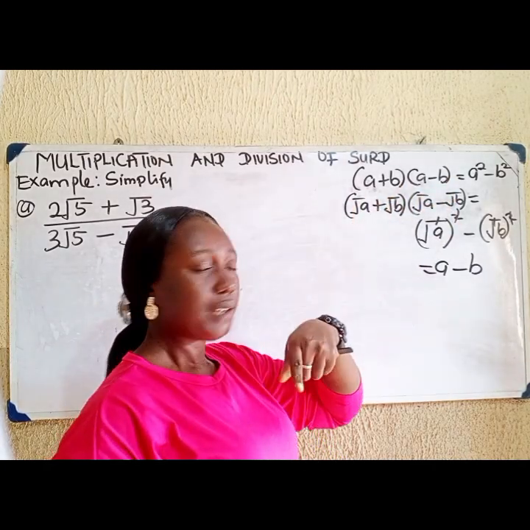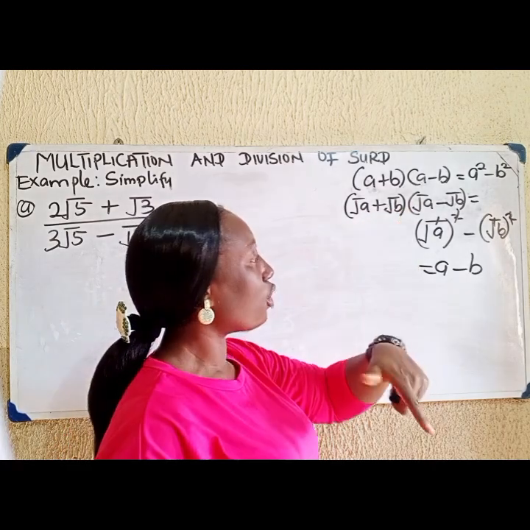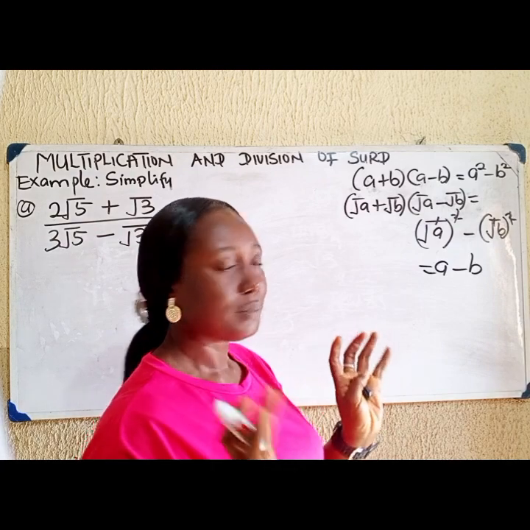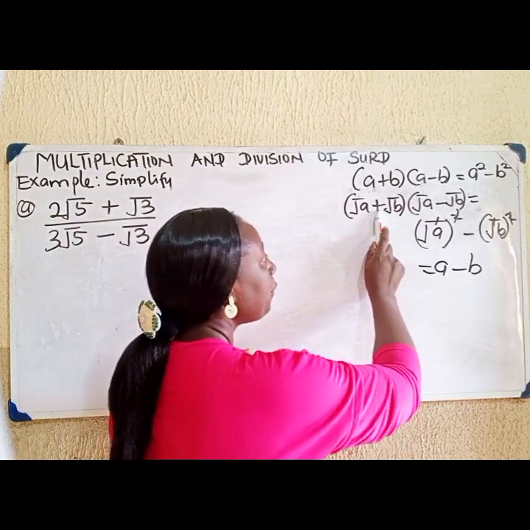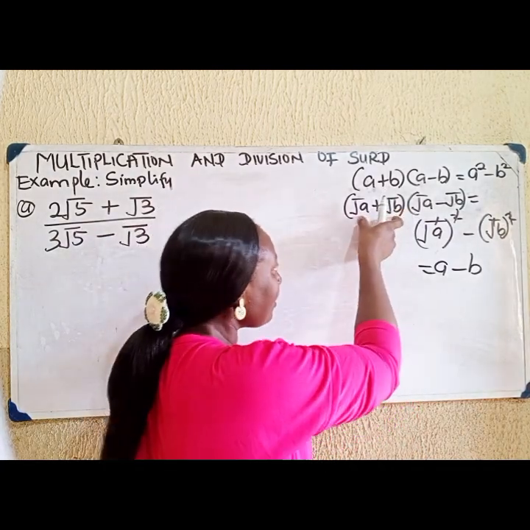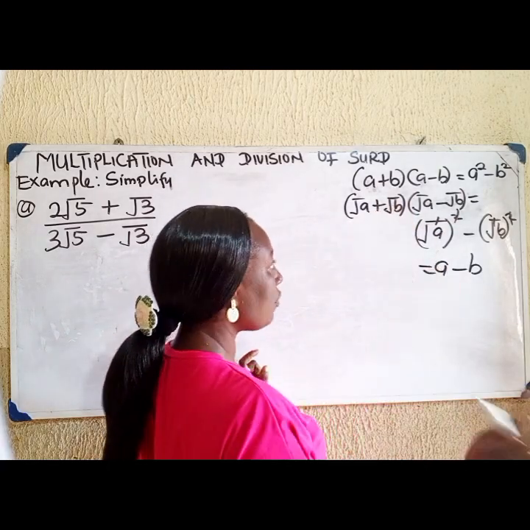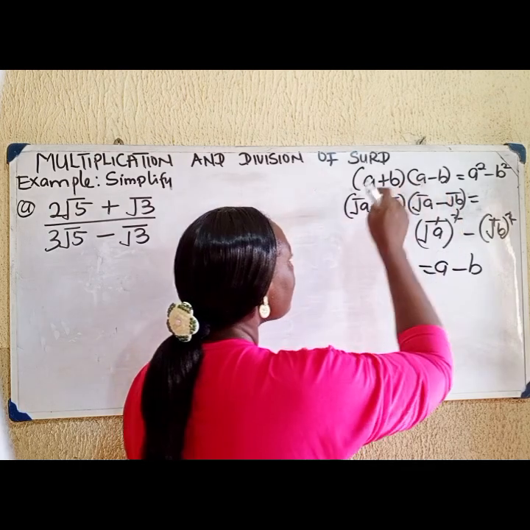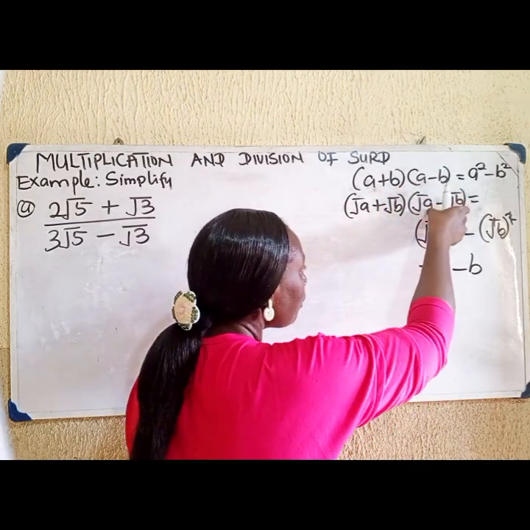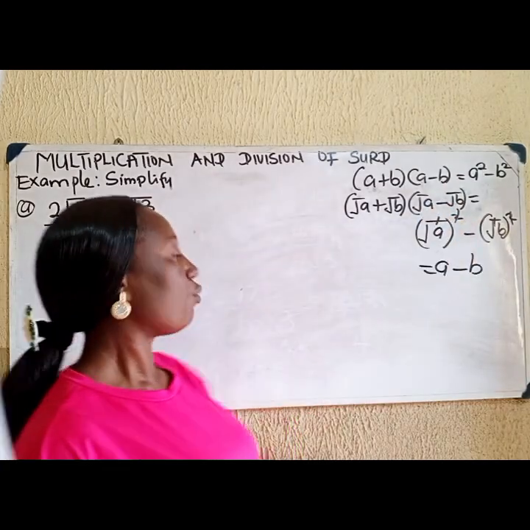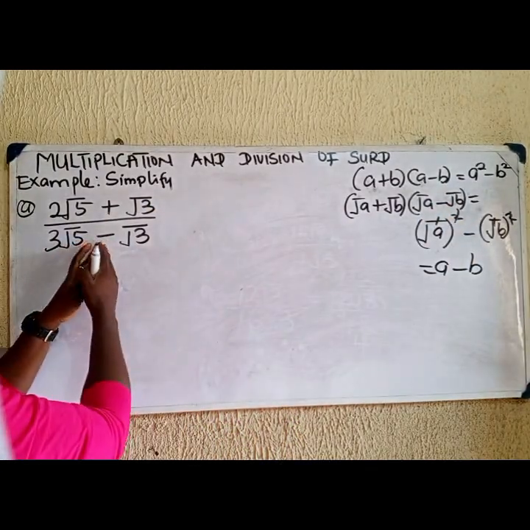So in general, the conjugate of a surd is the same surd with the opposite sign. So if you have plus here, its conjugate is the same thing, but you change this plus to minus. That is the conjugate of it. And the conjugate of this one is this one: the same surd, just with the opposite sign of what we are given. So the same thing applies here.